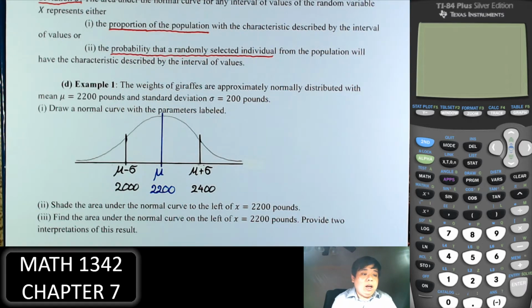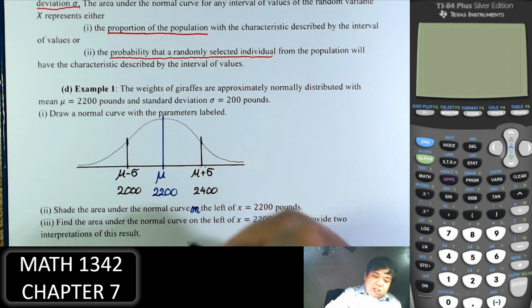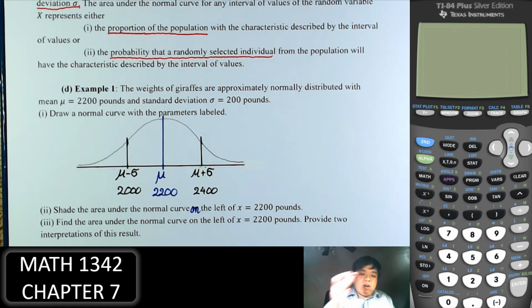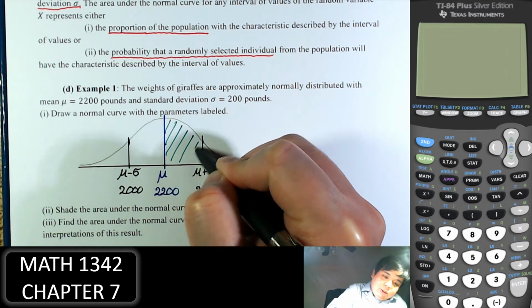Now, I will draw a normal curve. After that, find the area on the normal curve to the left of 2,200. I just say on the left, so it's easy to see. So it's on the left of 2,200. We talk about this one.